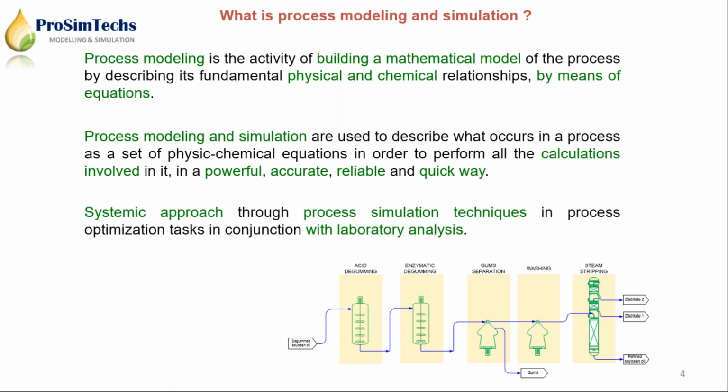And this is done, as we probably know, by means of mathematical equations. So this way, the equations are used to calculate properties of the compounds involved in our process, and to calculate the phenomena that take place in each of the unit operations that we have in our process.